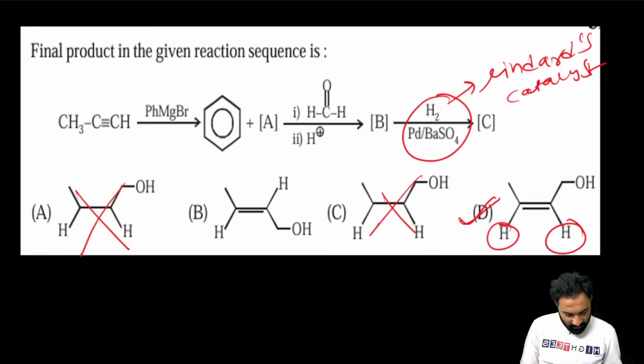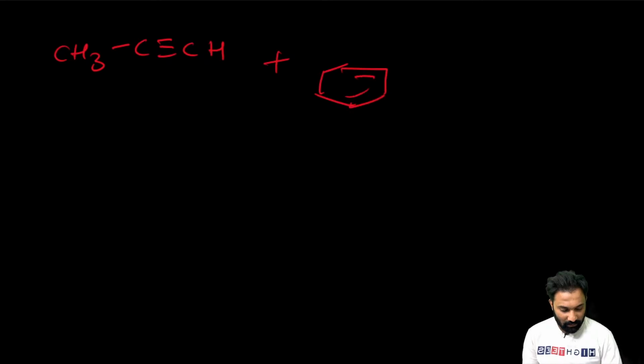Now you can see the first one. They have given propyne in the presence of methyl magnesium bromide, phenyl magnesium bromide, right?